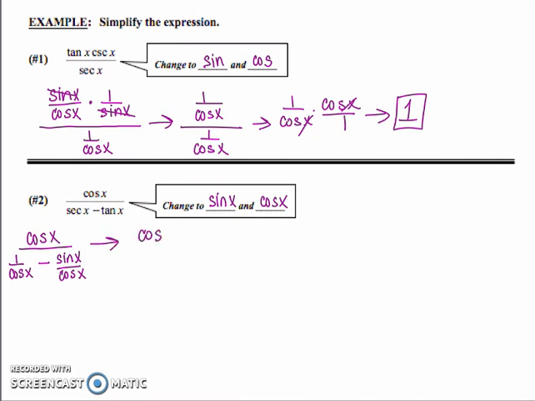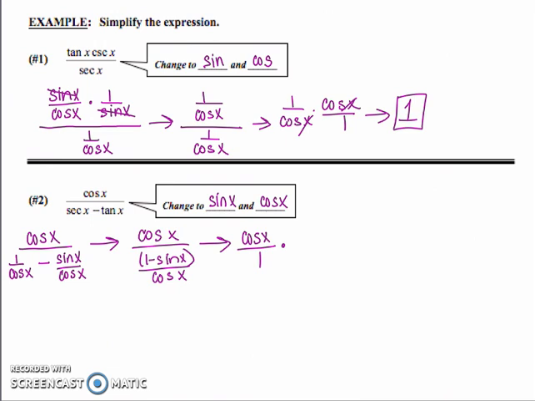So in my next step, I am going to rewrite the denominator. I've got 1 minus sine x all over cosine x. And my next step then is going to be to keep switch flip because I'm dividing my numerator by my denominator. So I've still got that cosine x. You could think of it as cosine x over 1.